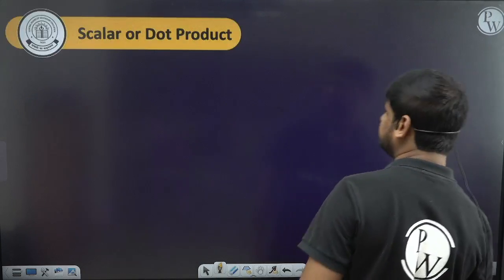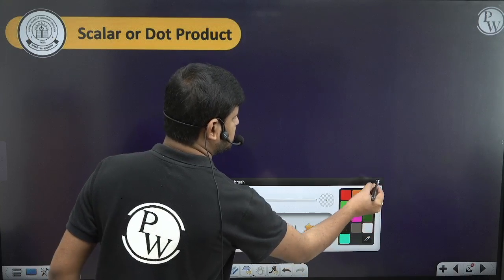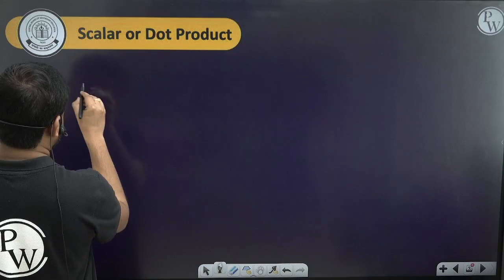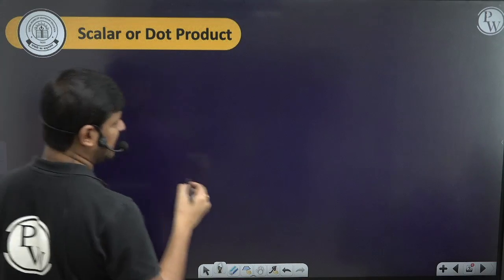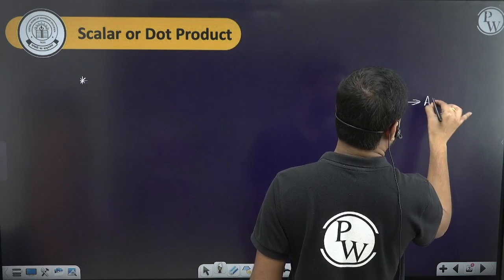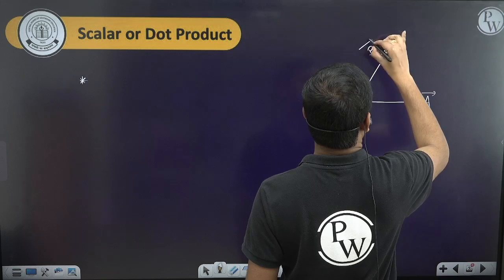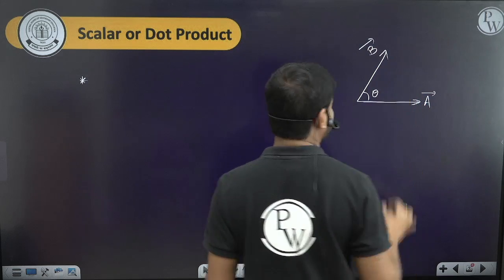The first one: what is a scalar product or the dot product? Consider 2 vectors having an angle between them as theta. This is vector A, and consider this as vector B, and let's say the angle between them is theta.